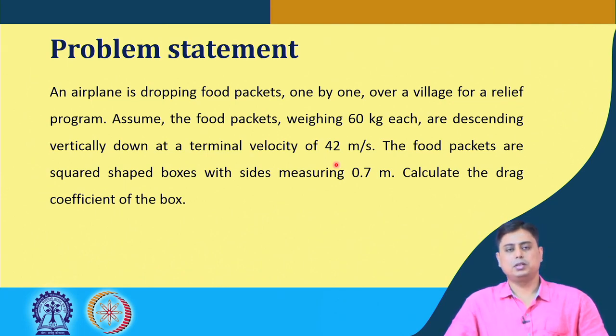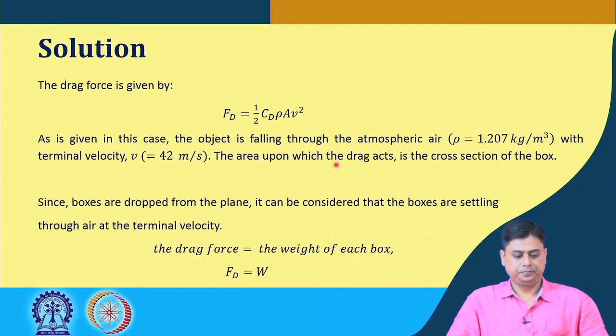That velocity is called the terminal velocity. So, that is the information given here. It is falling at a terminal velocity, so you can neglect the initial part when it accelerates, and after attaining the velocity we have to calculate what is the drag on it, to simplify the problem.